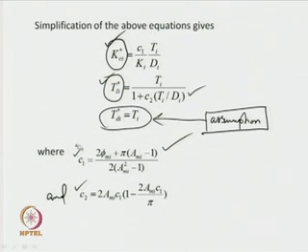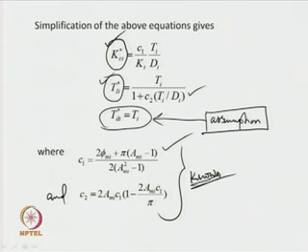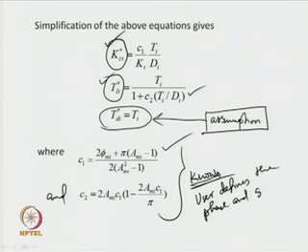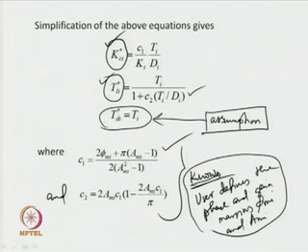Now, what are known and unknown in this case? Let us see again. C 1 and C 2 are known to us. When the user defines the phase and gain margins, given as phi m I and a m I, these are known, because the user has to define these phase and gain margins.